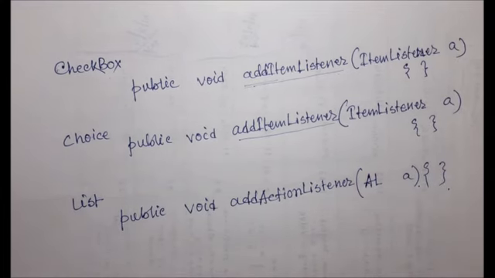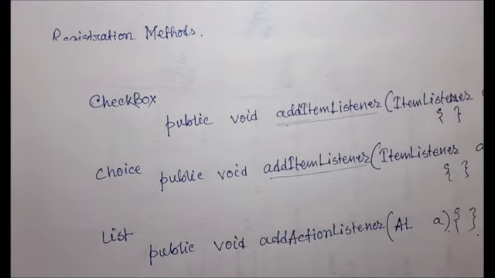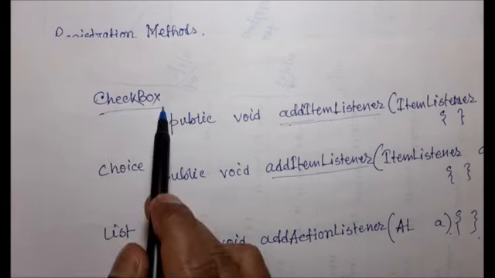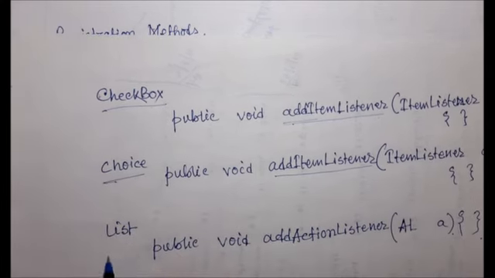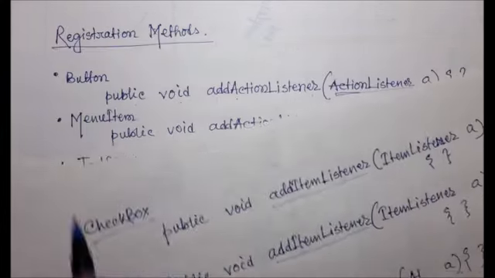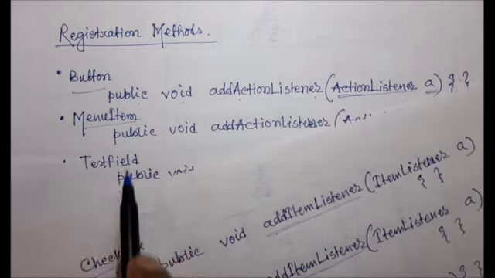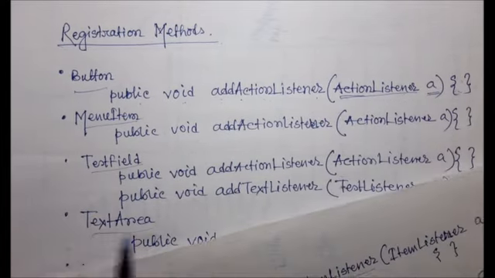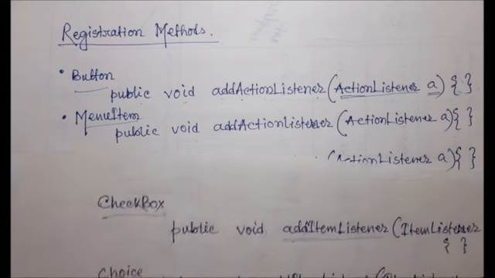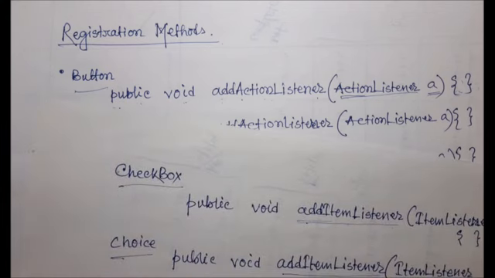Here I have just mentioned the number of components. Checkbox is a component, choice is a component, list is a component, button is a component, menu item is a component, text field is a component, text area is a component. These are the frequently used components.